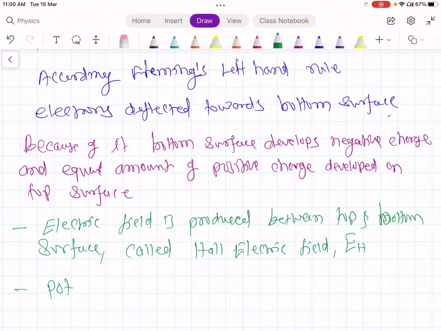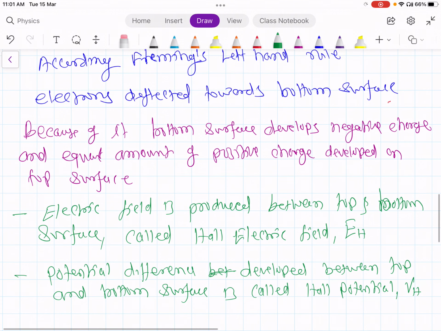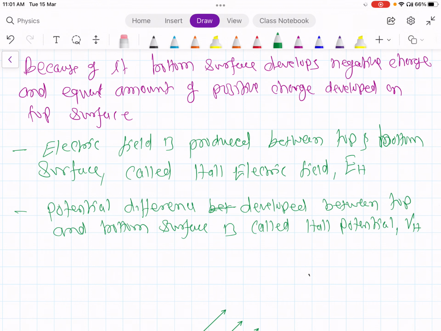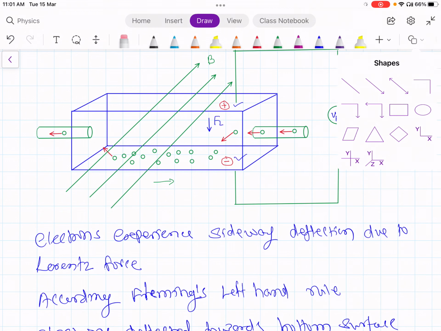And the potential difference developed between top and bottom surface is called Hall potential, which is denoted by V suffix capital H. Now, as this electric field is developed between the top and bottom surface, there would be electric force acting against the Lorentz force.